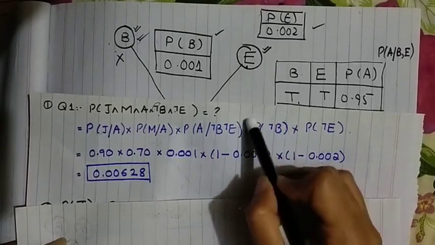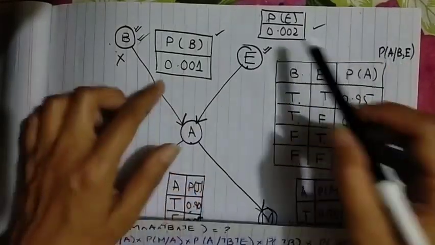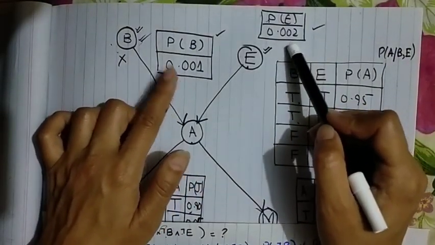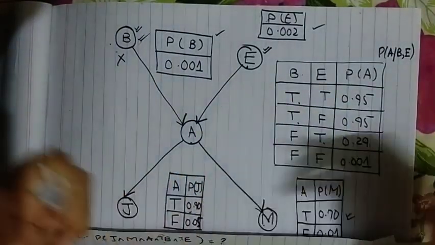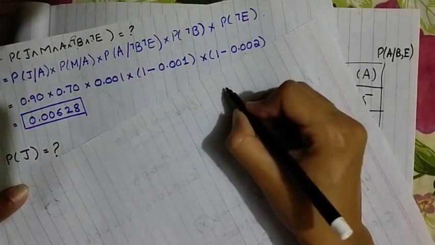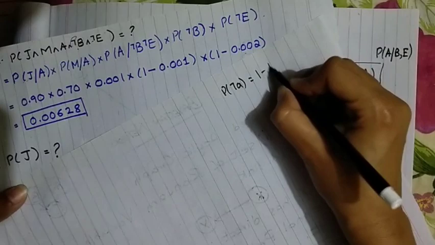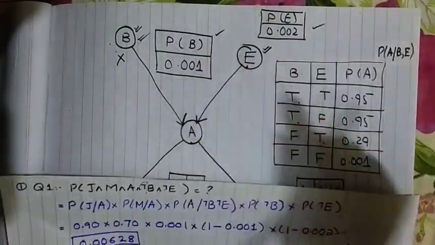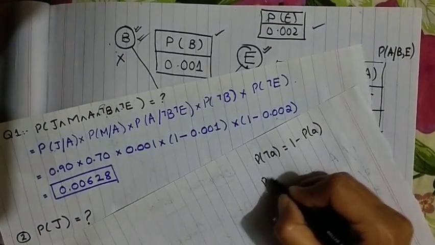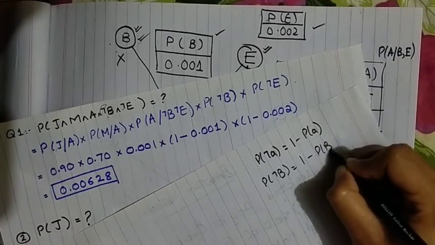Okay, now how I can find out this false probability, because हमारे पास table में तो जो values given थी that was for the true condition. तो इस case में we have gone for this formula before as well, which was probability of not a equals to 1 minus probability of a. तो हमारे इस केस में क्या होगा, that is probability of not b should be equal to 1 minus probability of b.